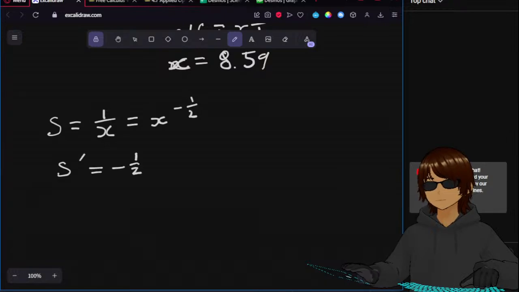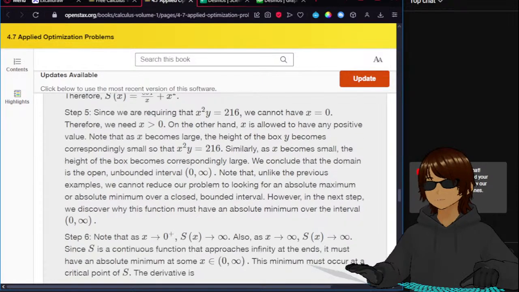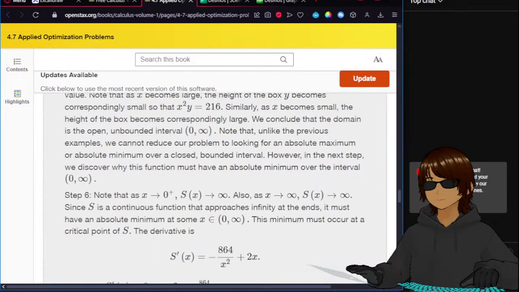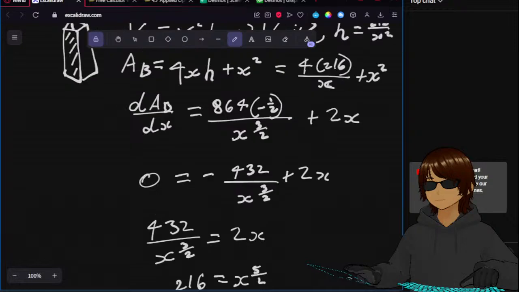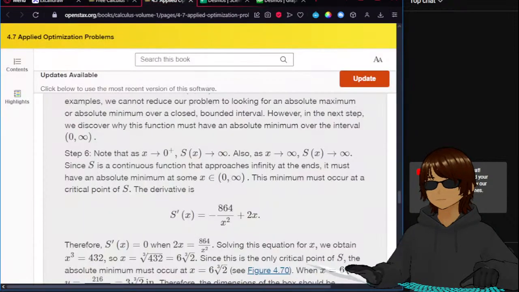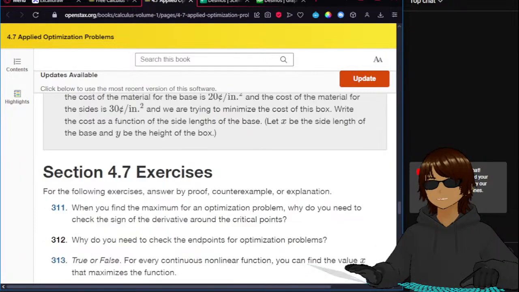Minus half. This becomes minus 1. I don't understand.